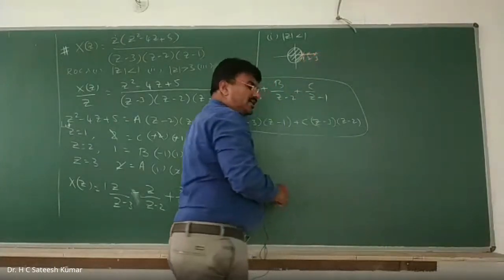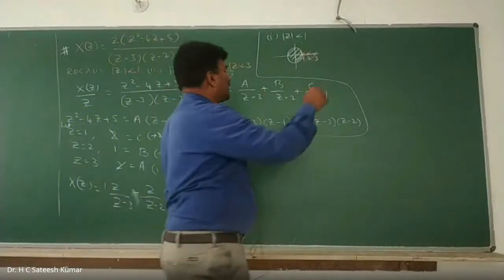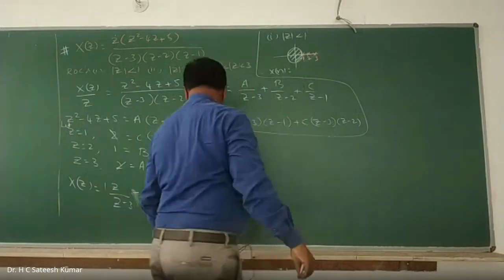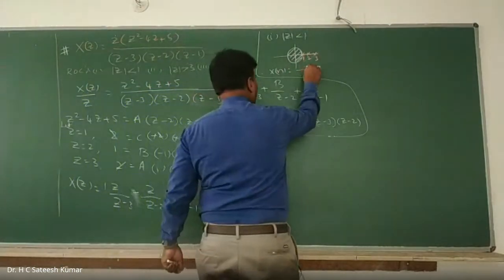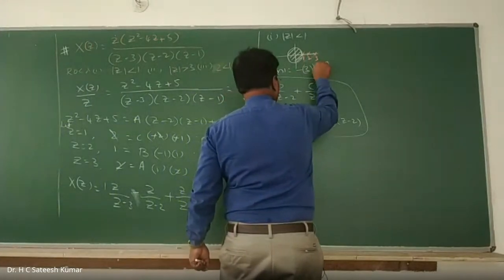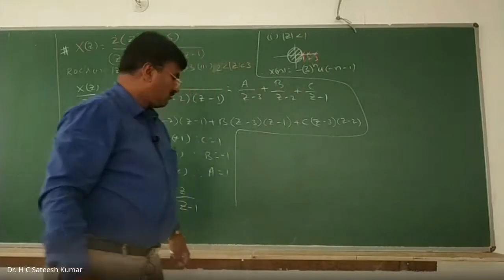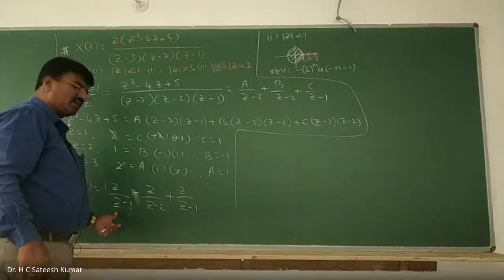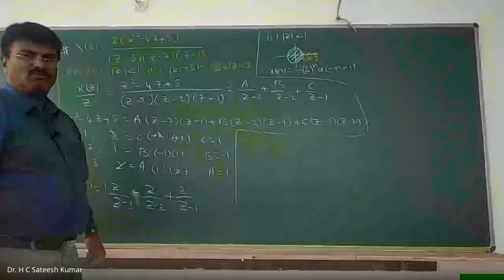If the pole radius is greater than the ROC, it leads to a left-handed sequence. Therefore, x(n) is equal to: the first one is a left-handed sequence, so minus 3 power n into u(-n-1). This is of the form minus a power n into u(-n-1). See, for z divided by (z - 3), the left-handed sequence is minus a power n into u(-n-1) from the table.